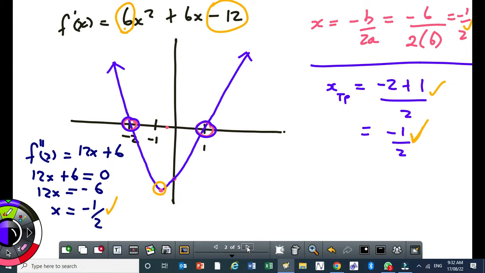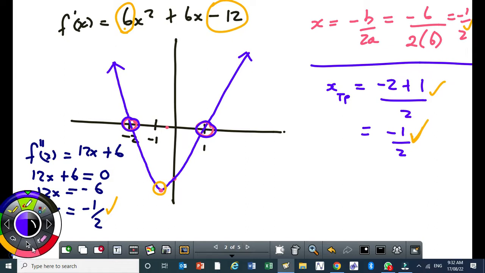Now, the second derivative, pay attention. You see that, what type of function is it? It's a straight line. So we can draw that straight line as well. Here the y-intercept is 6. Let's say I put my 6 somewhere there.